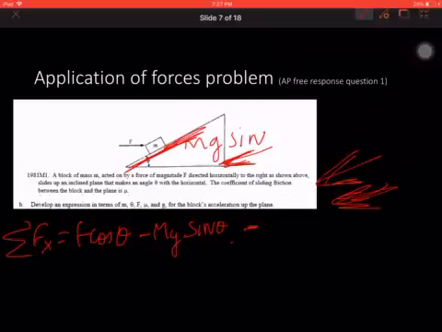But here we know that the friction force is mu times the normal force.